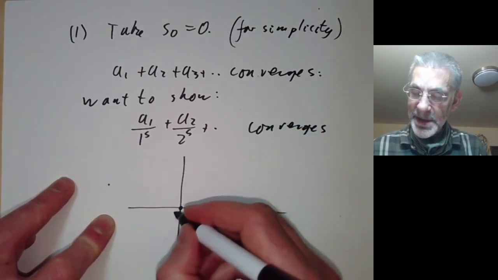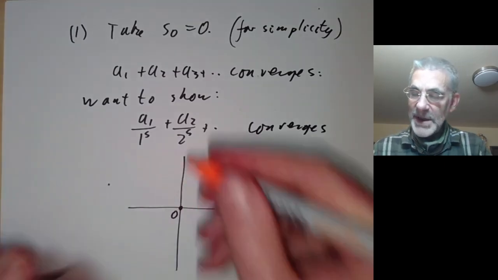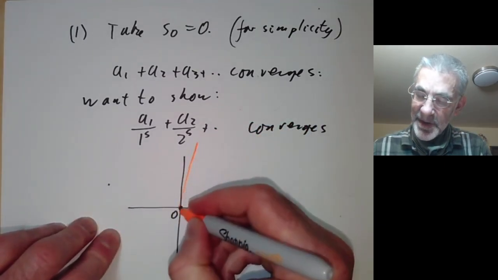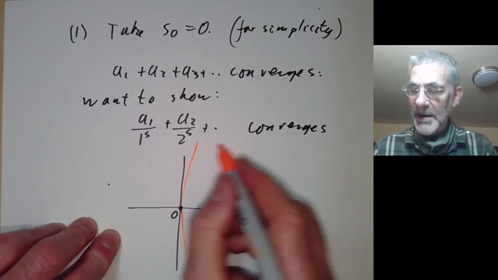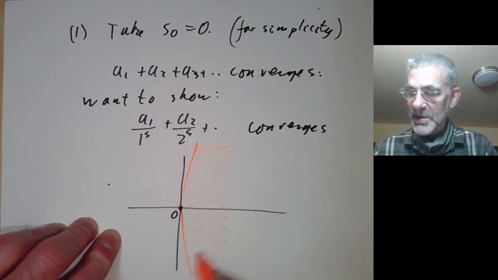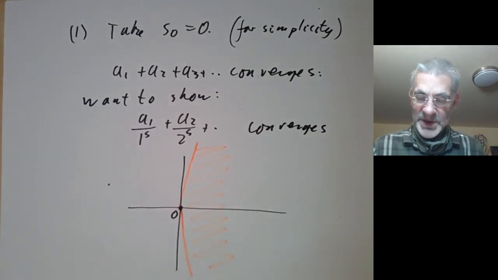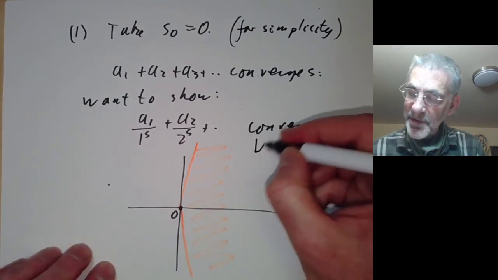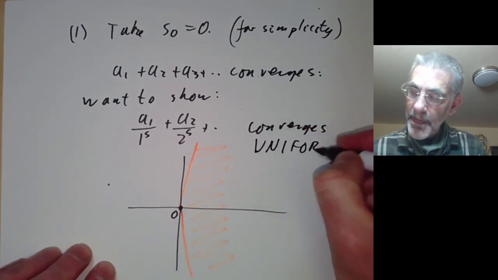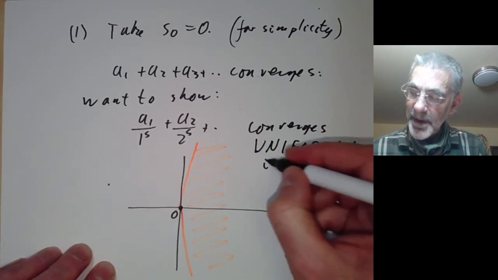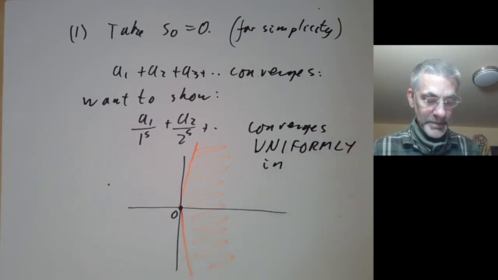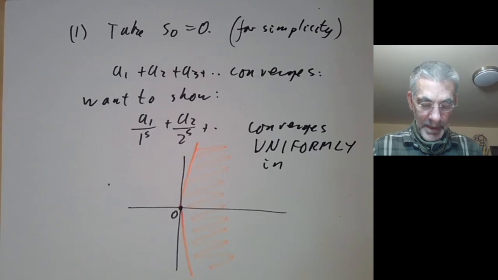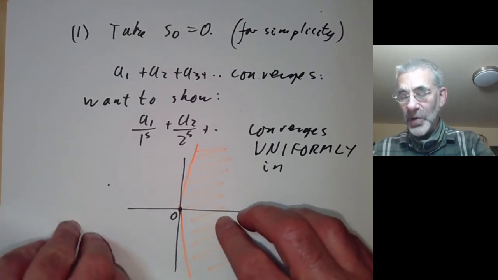We take the point 0 and we take a sort of orange sector by drawing two straight lines here, and then we look inside this region here. So I want to say it converges uniformly in this orange region.